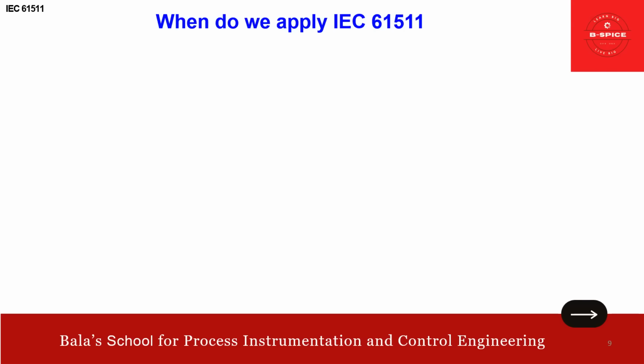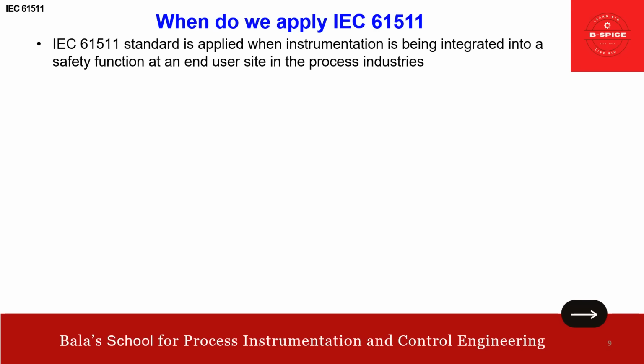Now, very important. When do we apply IEC 61511? The IEC 61511 standard is applied when instrumentation is being integrated into a safety function at an end user site in the process industry. You got it, friends?